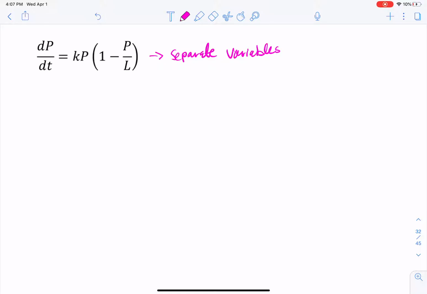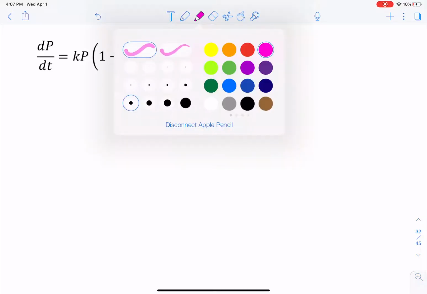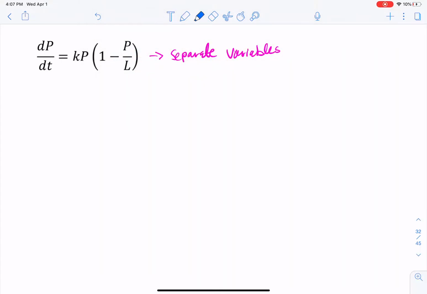Now, not everything here is a variable. The k is not a variable, the L is not a variable, those are constants. It's only the t and the P that are variables. So when I'm talking about separation of variables, everything that I'm marking here in blue needs to go to the left-hand side, and everything else, the t stuff, needs to go over there on the right-hand side.